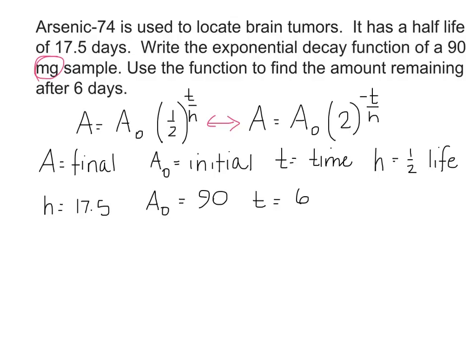So now I just plug in my formula. A equals my initial amount times 1/2 to the T over H. And again, I'm going to put that in my calculator using alpha y equals to get my answer.